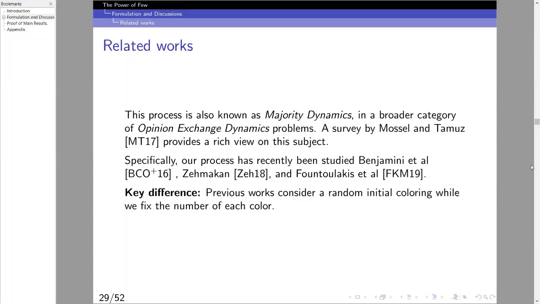But the key difference is they consider a random initial coloring where nodes are given initial colors independently of each other. But here we fix the number of each side, so we can give one color a very small advantage to highlight the power of the field phenomenon.